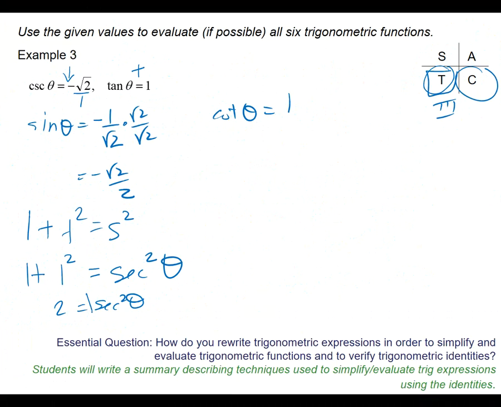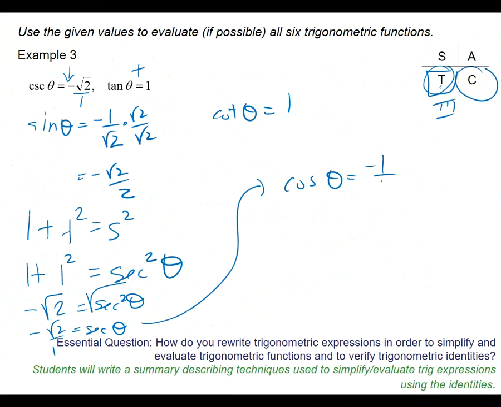And again, here's where our signs come in off the quadrants. In quadrant 3, is secant supposed to be positive or negative? Negative square root of 2 over 2.